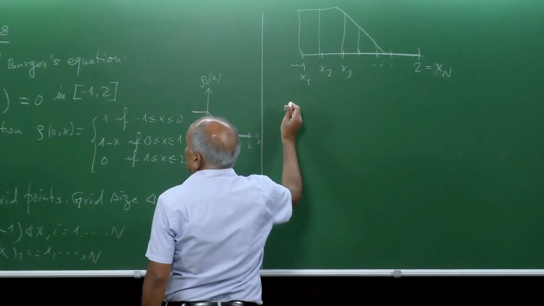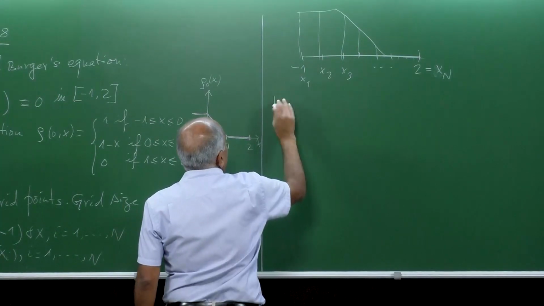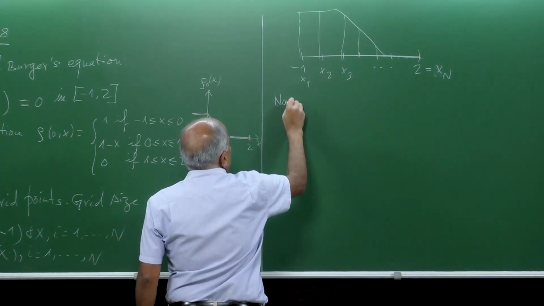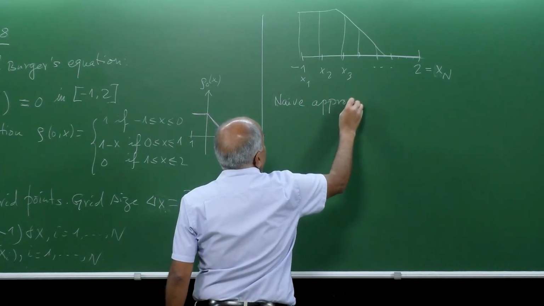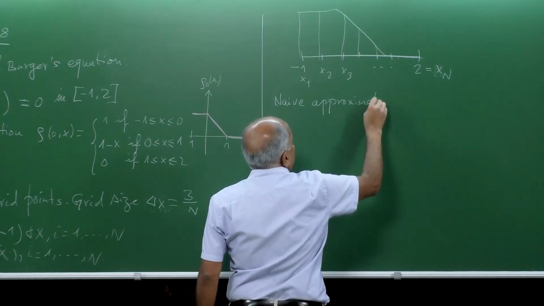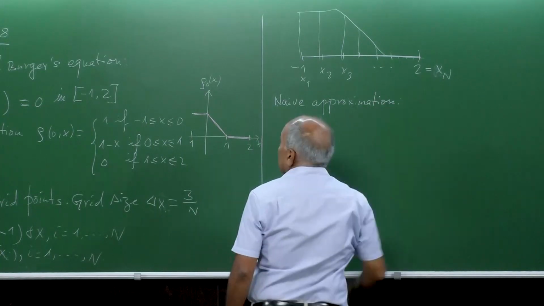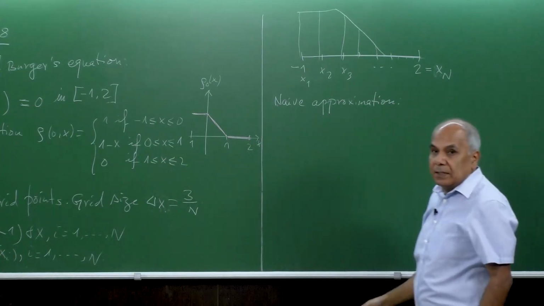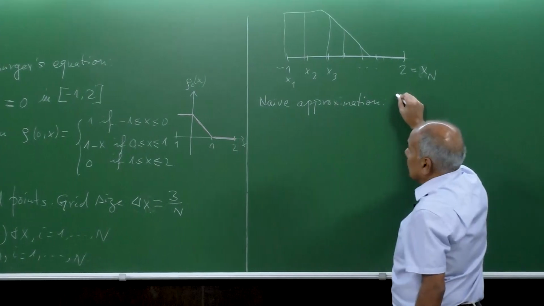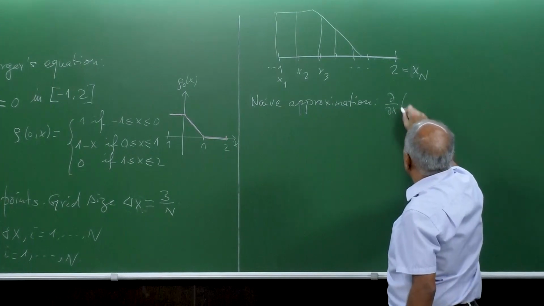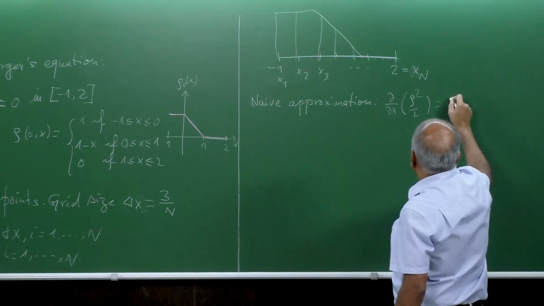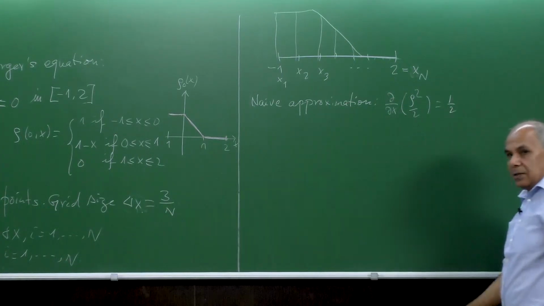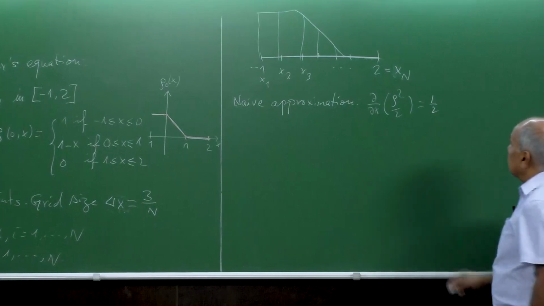Now the naive approximation of the flux. It is rho square by 2. So del by del x of rho square by 2 is this. You can take the half out because it is constant, outside the derivative.